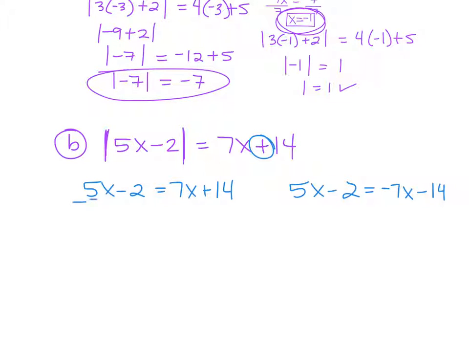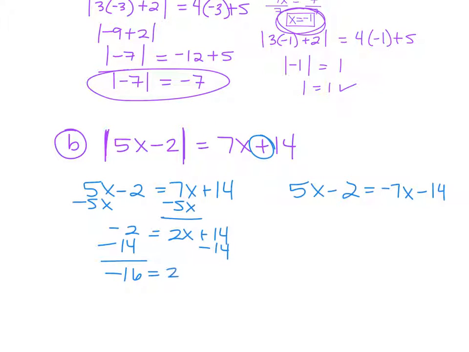Okay, so solve this. Take away 5x, take away 5x, you get 2x plus 14, and then negative 2. You're going to take away the 14, so negative 16 equals 2x, and then divide by 2, so x is negative 8. Okay?